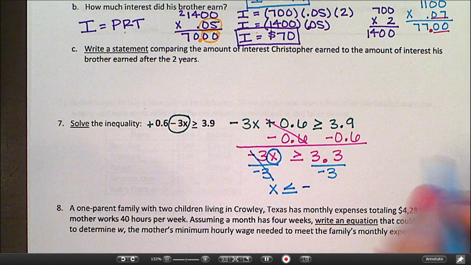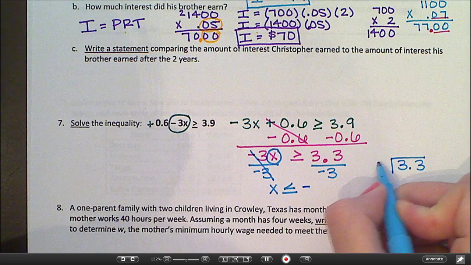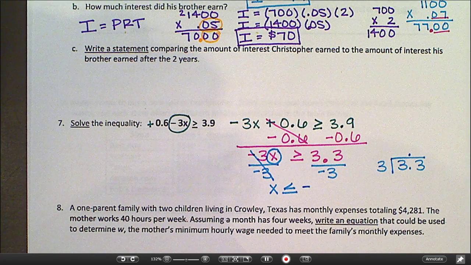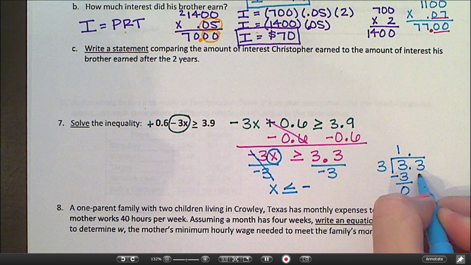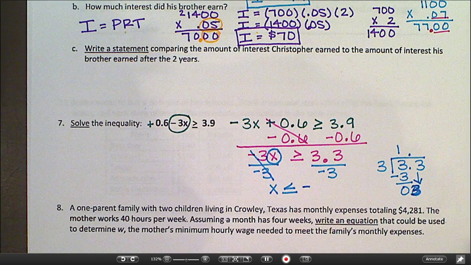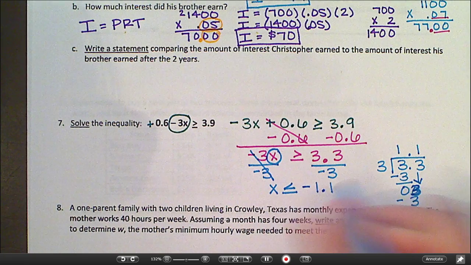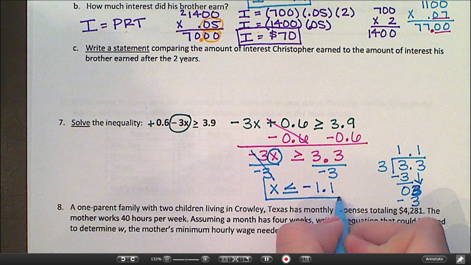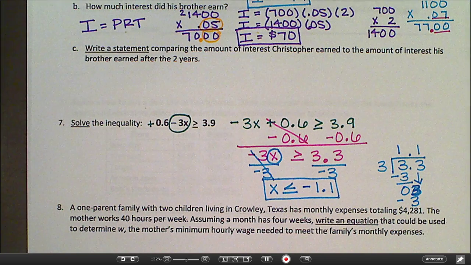Let's calculate what 3.3 divided by 3 is. Put your decimal in your quotient and divide. And I get 1 1/10. So x is less than or equal to negative 1 1/10. They didn't ask us to graph it, so we're just going to leave it as an answer.